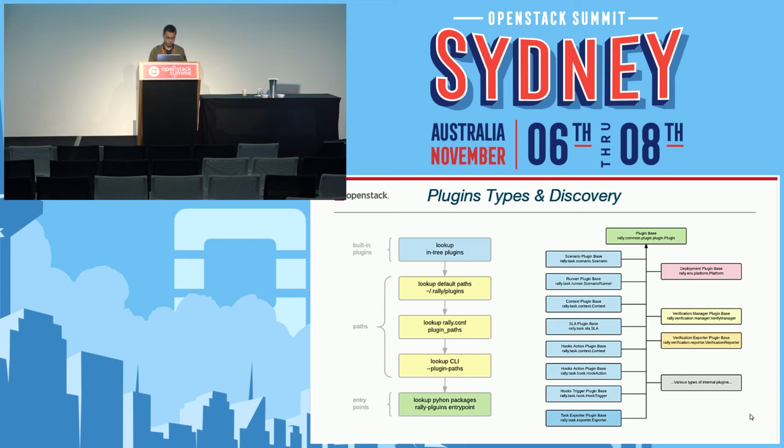Now it could also load plugins from Python packages via the Relay plugins entry point. This right diagram shows the plugin types which are supported by Relay. It includes scenario plugin, runner plugin, context plugin, and so on.